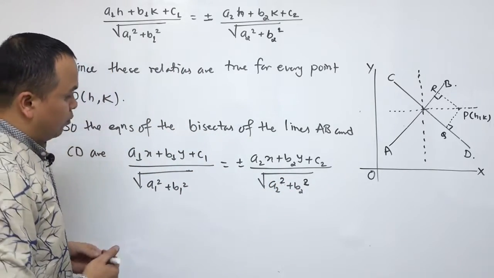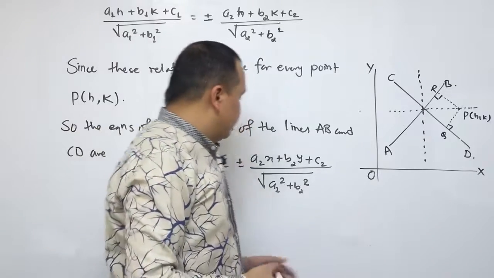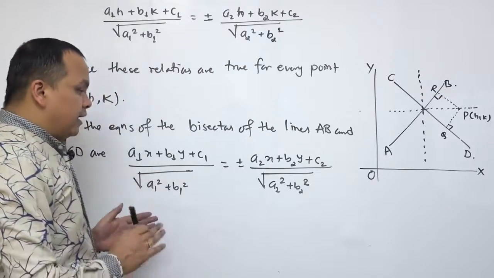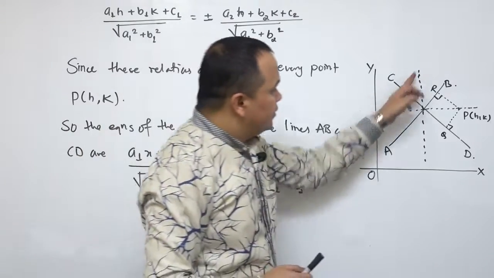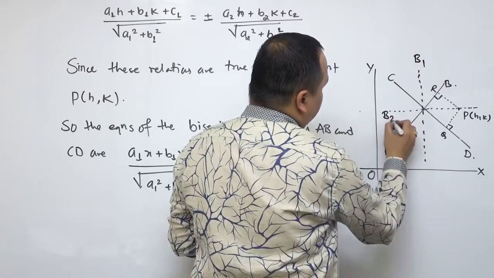If we take the positive sign, then we get one bisector. Similarly, if we take the negative sign, then we get another bisector, B1 and B2.